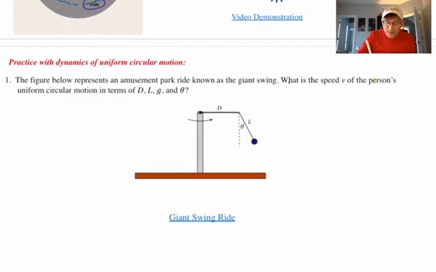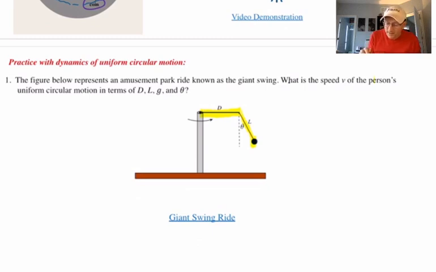I've got the central pillar of the ride, and then coming out of that is an arm horizontally of length D, and then tied at the end of that arm is a cable or rope or whatever you want to call it. Let's give it a length L, and then this particle at the end of the rope represents a person riding. And the whole thing is turning around, as you can see by that arc.